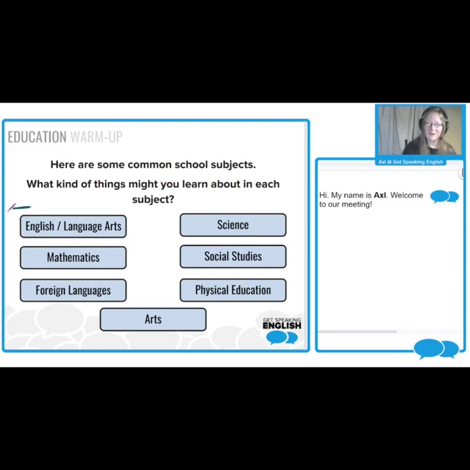Here are some common school subjects that you might look at. Let's brainstorm: what are some things that you might learn under each subject? We have English or language arts, which is what you would study when studying your native language, then science, mathematics, social studies, foreign language, physical education, and the arts.